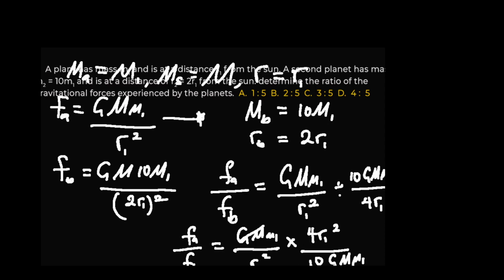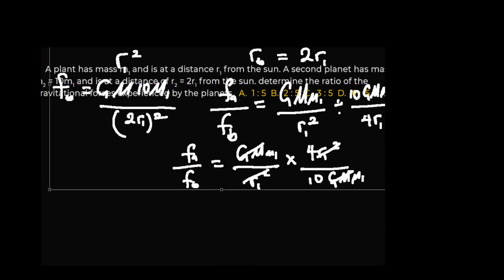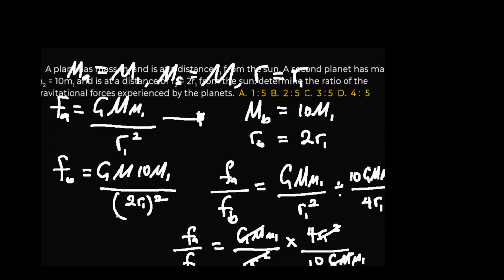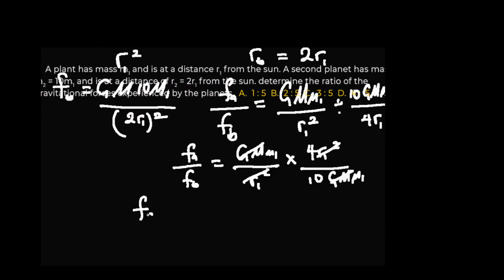So GM will cancel GM, R1 squared will cancel R1 squared, and M1 would also cancel M1. So you are left with just 4 over 10. 2 here is 2 and 2 here is 5. And that will be 2 ratio 5.